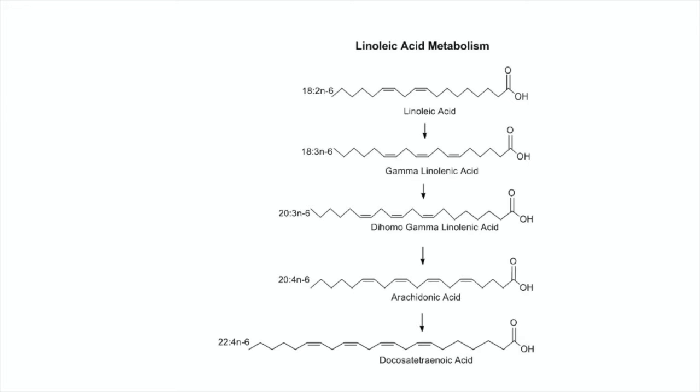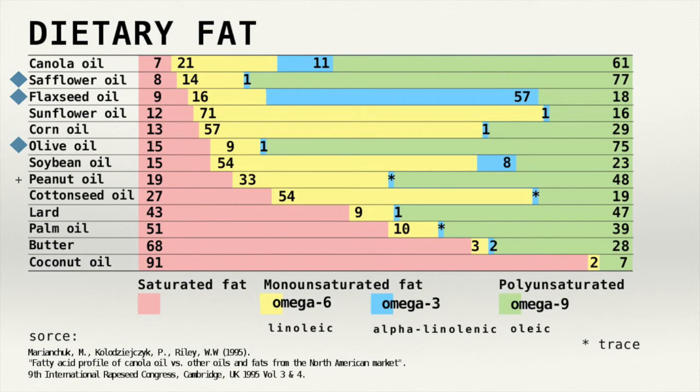Here is a slide of the dietary fats. A few are marked, and I'll just briefly go over them. Safflower oil is a fairly good oil because it has 77% monounsaturated fat, which is considered one of the good fats. And flaxseed also is a good oil.